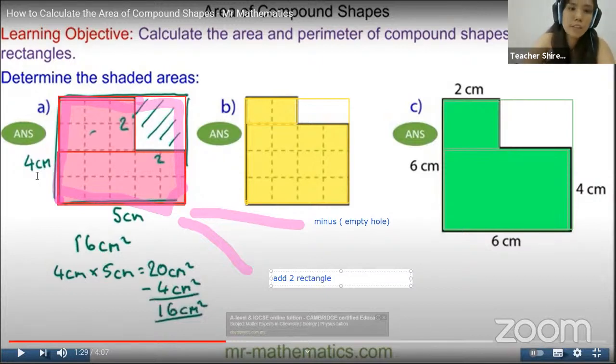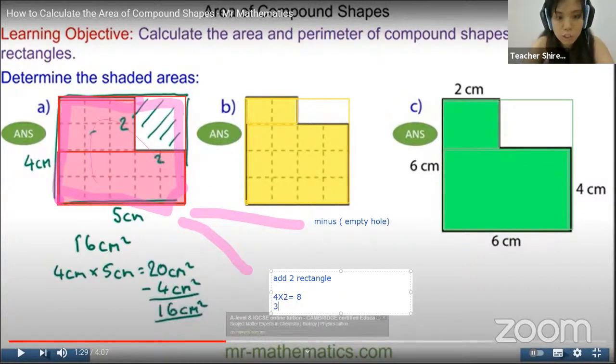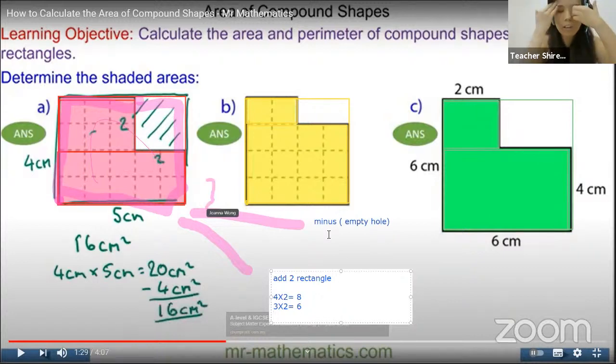Okay, so for example over here, the first rectangle is over here. You see that? So it's 4 by 2. The first one is 4 by 2. You know it's 8. And the second one here is 3 by 2. 3 by 2, you know it's 6. So just add it up, all in total. So 8 plus 6, you get 14 square centimeters.